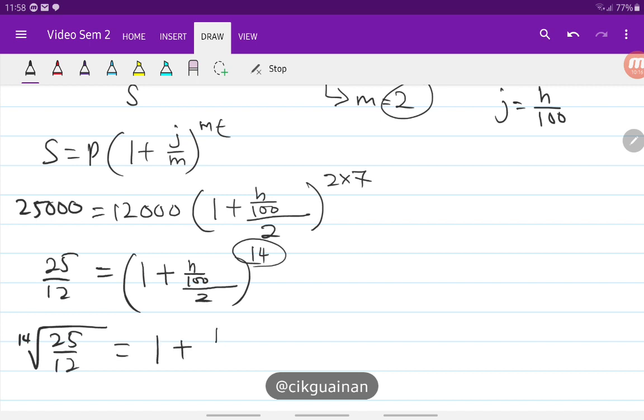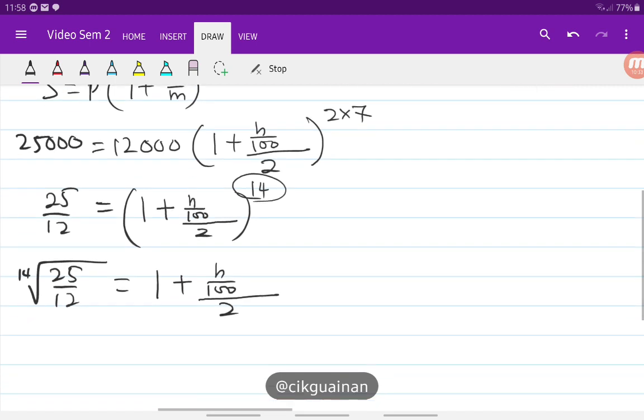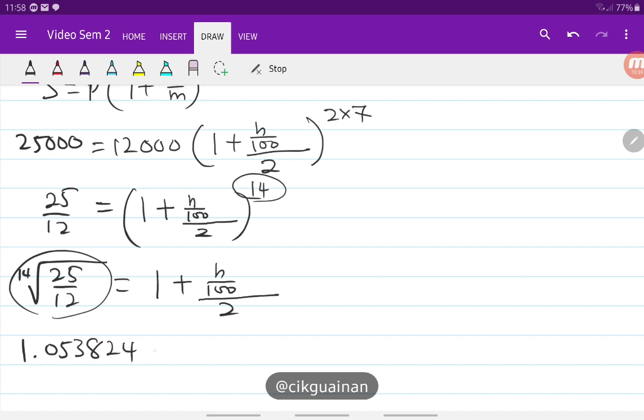Then 1 plus H over 100 over 2, so 1 minus, we get 0.053824 equals H over 100 over 2.